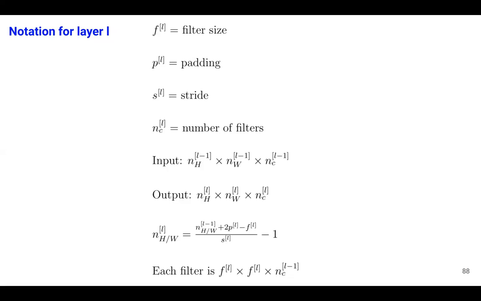NH is the height, NW is the width, and NC is the number of channels it has. In the very first layer, if it is an RGB image, NC is always 3. But once you have started to do the convolutions, NC can basically be anything depending on how many filters you are using. And so this is the input, then the output is also denoted in the same way.